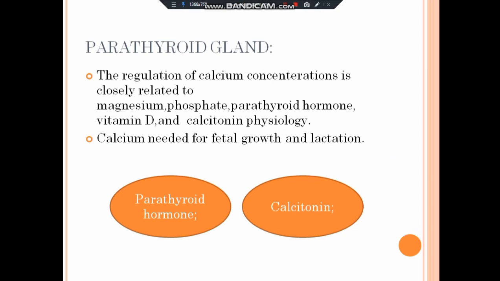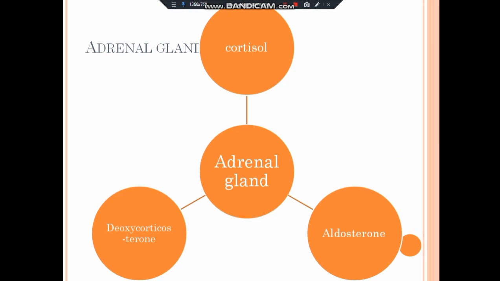Then we come to the parathyroid gland. In the parathyroid gland there is a secretion of parathyroid hormone and calcitonin. Why is it secreted? Because calcium is needed for fetal growth as well as lactation. Adrenal gland.